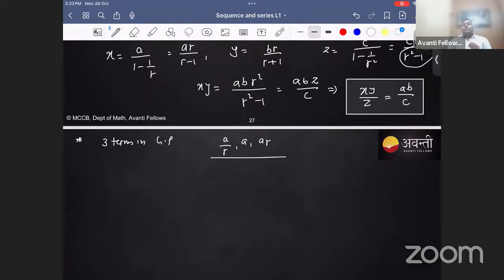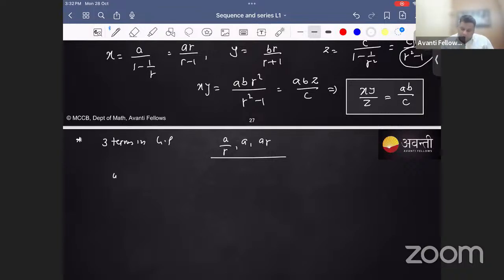See, the only purpose behind this is if the product of the three terms of a GP is what they are talking about. Otherwise, if you assume A, AR, AR square, that is also convenient, but this won't help unless the product of the terms of the GP is given.